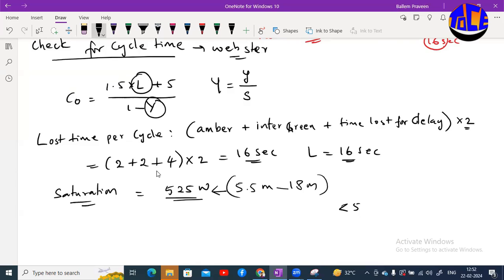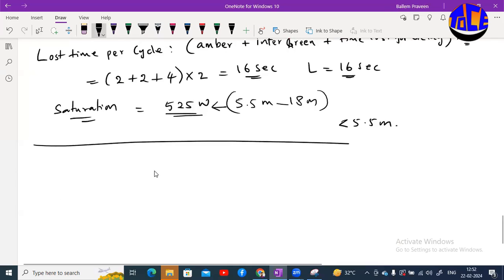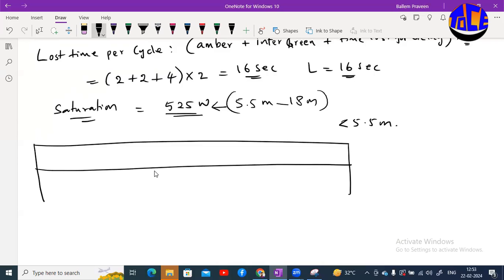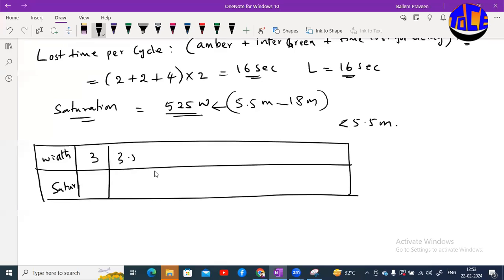For less than 5.5 meters, IRC provides values for different widths of roads, so you need to memorize these values as well. Here it is width and this is saturation flow. For 3 meters, 3.5, 4, 4.5, 5 and 5.5 meters: for 3 meters, the value is 1850.